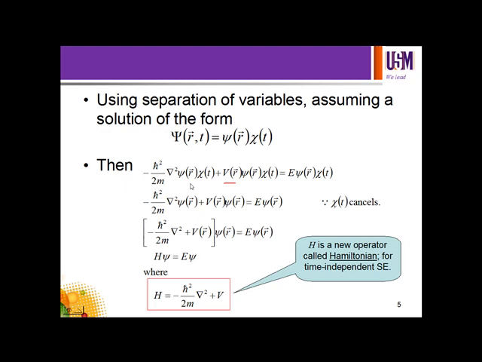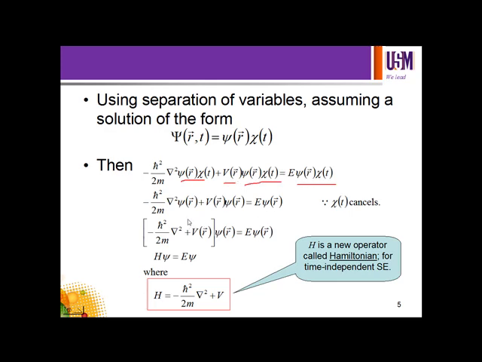Then we substitute the capital psi with psi and chi. So here we multiply by chi and psi. Chi in terms of t cancels because it is available in all three terms.